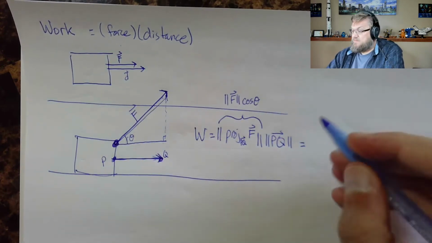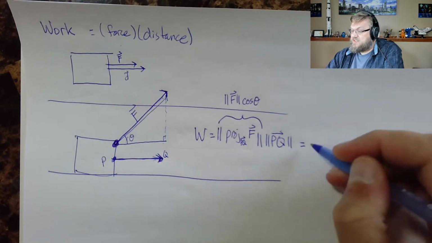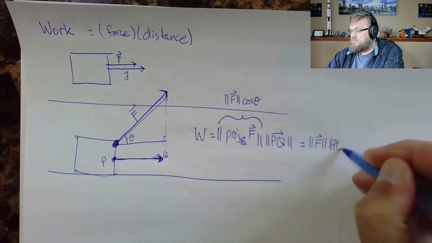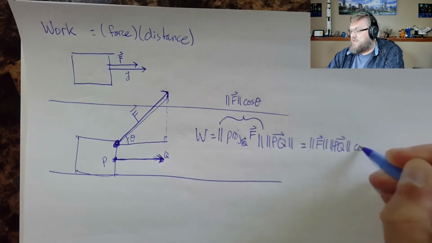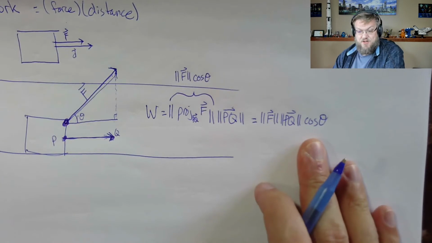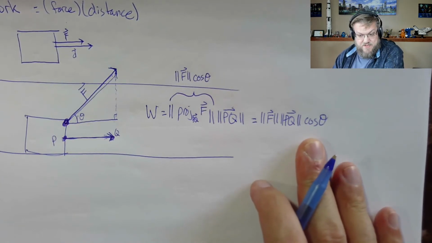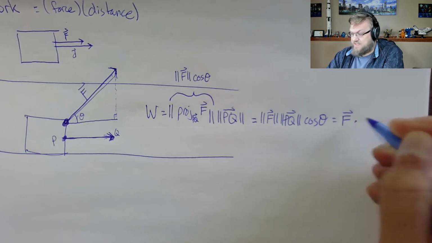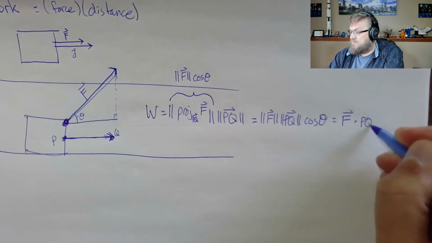But now, wait a minute. Look at this. Isn't this just the magnitude of F times the magnitude of PQ times the cosine of theta? And where have we seen that formula before? This is the alternative formula for the dot product. Said another way, this is as simple as finding F dot PQ.